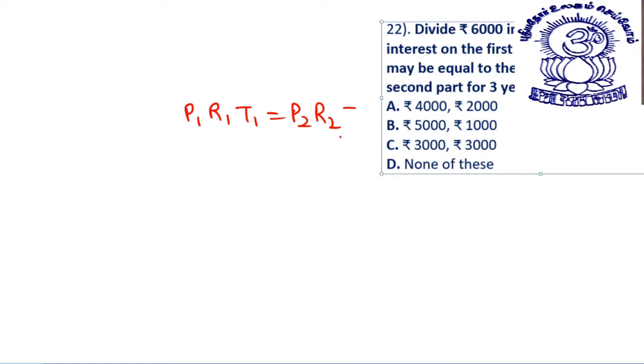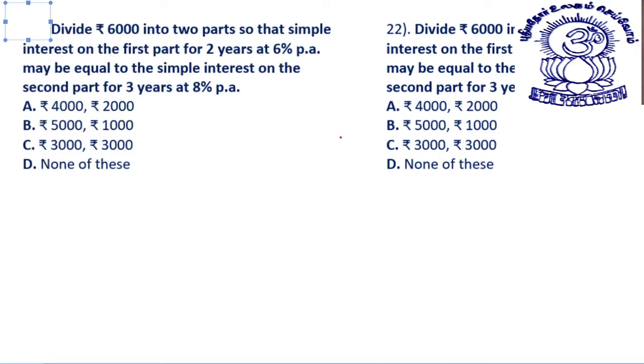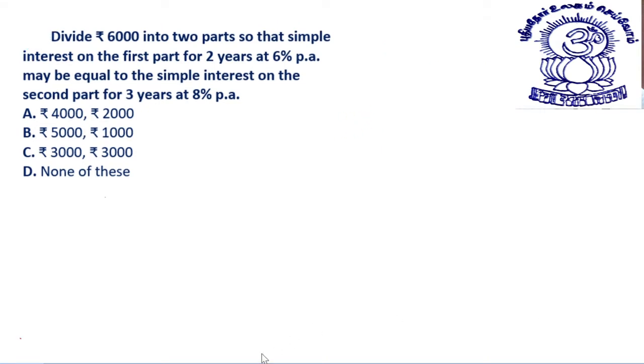Just a second, my dear students. I have made a blunder, I think. Now, let me write this portion again, the small portion which I did. P1 R1 T1 is equal to P2 R2 T2.